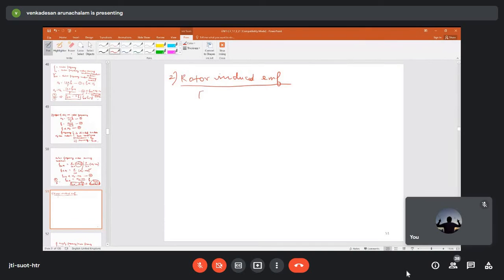You assume E2, that is the rotor induced EMF under standstill condition. Same analysis only.